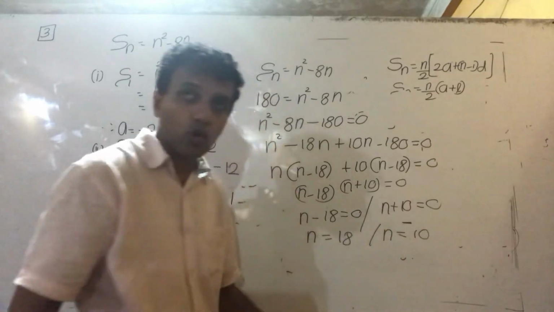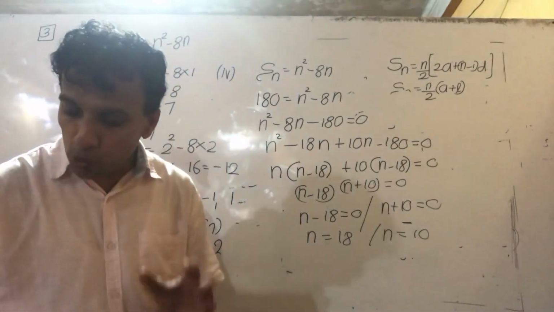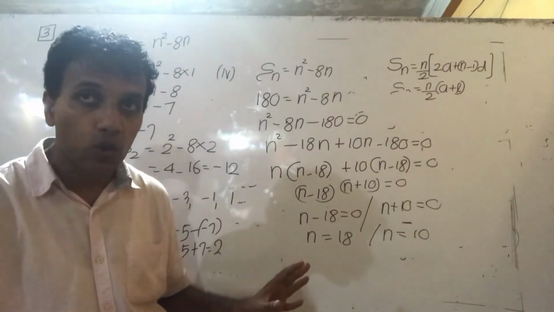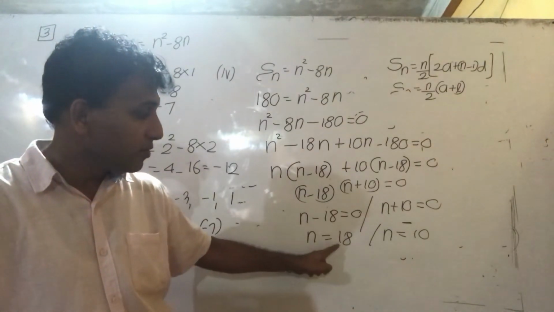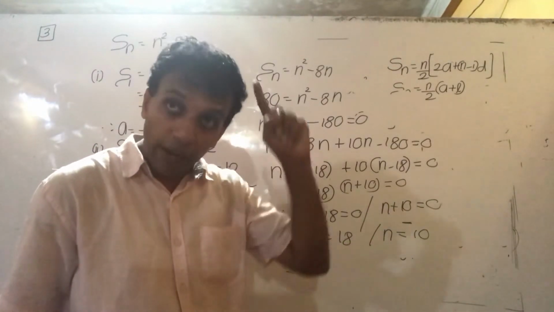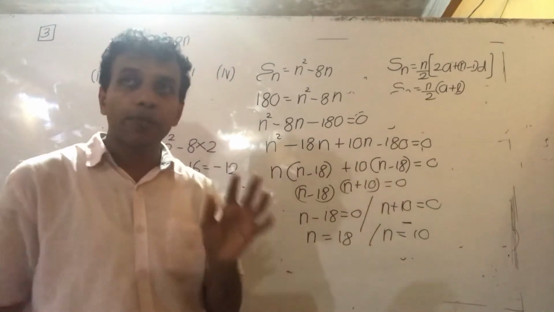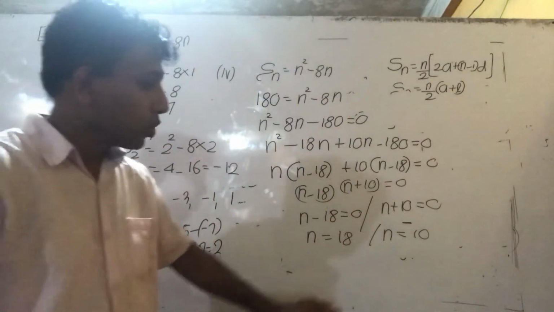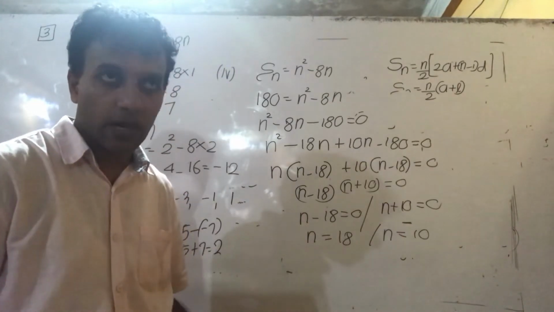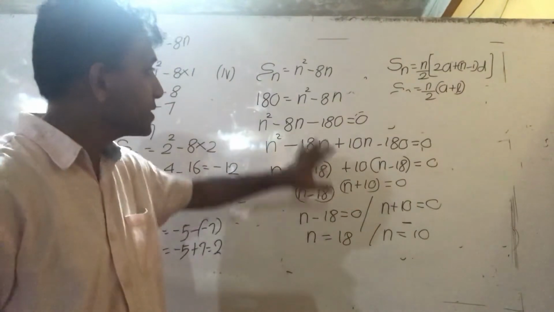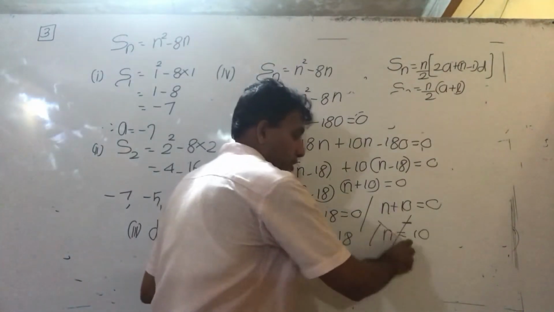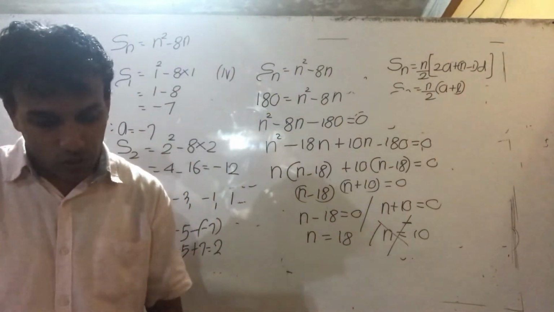Every quadratic equation has 2 solutions. But here you can't take minus 10. I said in many earlier videos, n is always a positive number, right? You can't take minus 10 terms of addition. Say 18 terms addition, only 18 terms give the answer 180. So we won't take this answer. That's the method of this question.